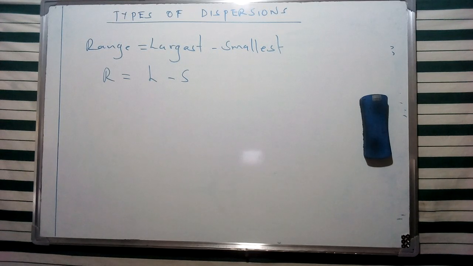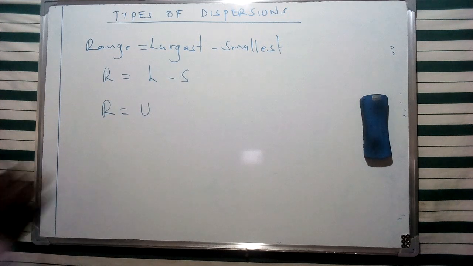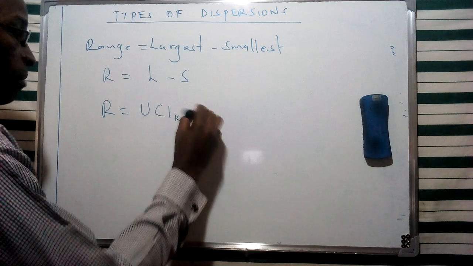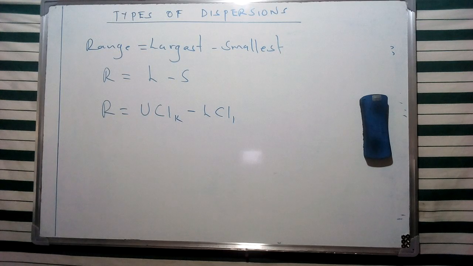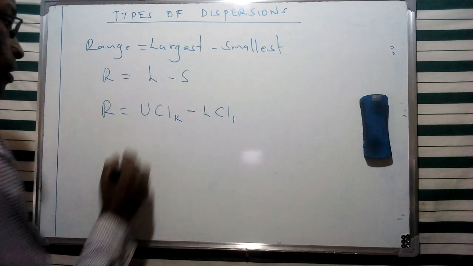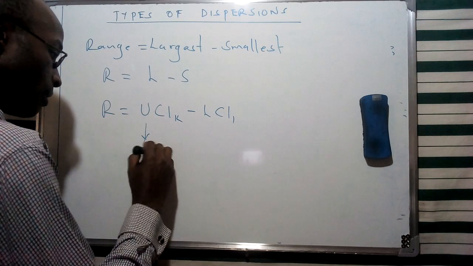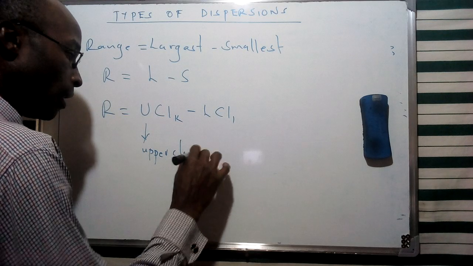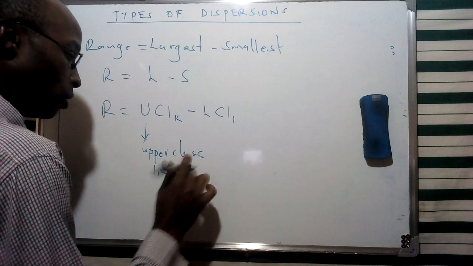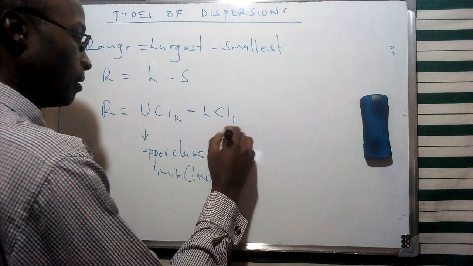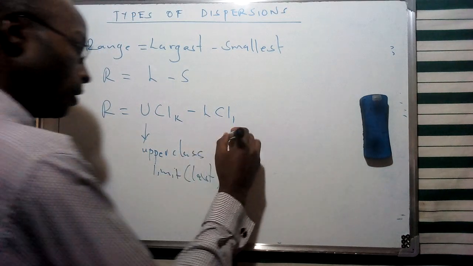Now there are specific formulas for giving a range for grouped data, which we can give in terms of UCL_K minus LCL_1. This basically represents the upper class limit of the last class in grouped data, given in summary form, and the lower class limit of the first class.